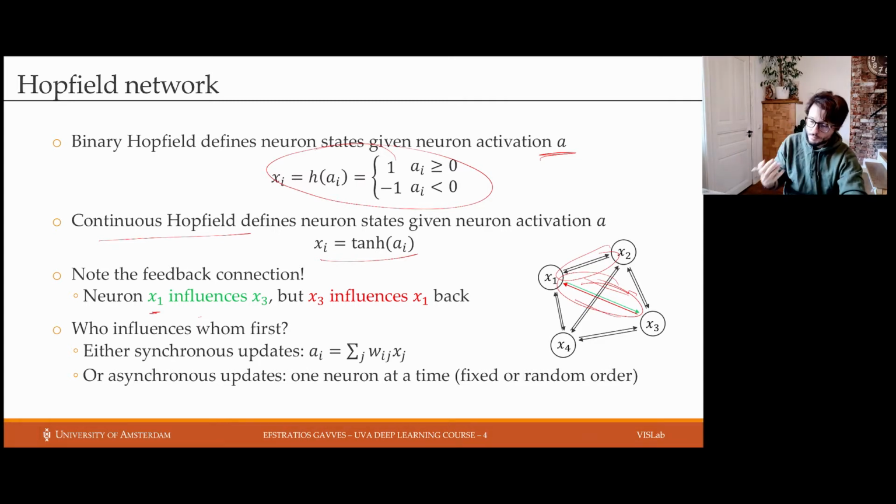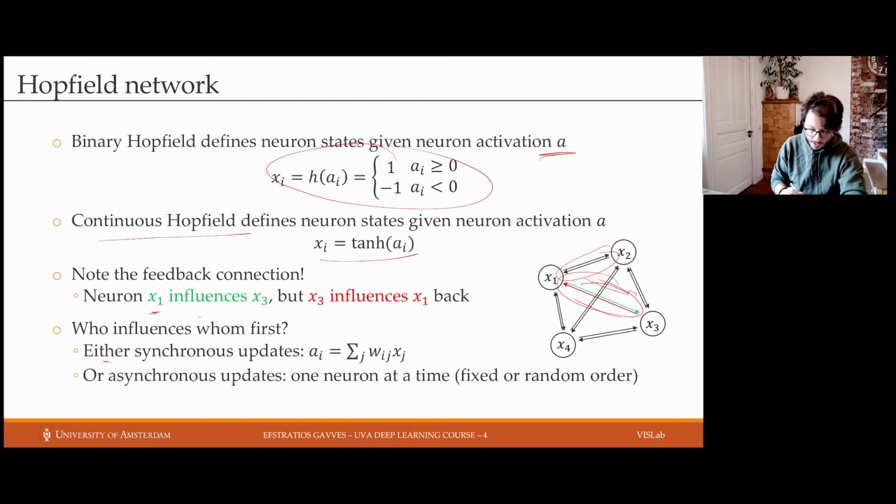Now, the problem with this is who influences first. We have to define an order, because these are recursive computations. So we have to decide: are we going to first update our input to the neuron and then take the activation, then use the nonlinear function? Or do we first apply the nonlinear function and then recompute the activation?